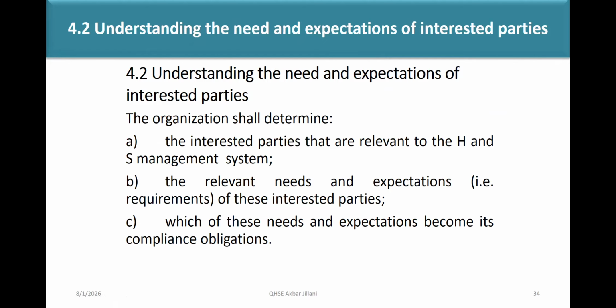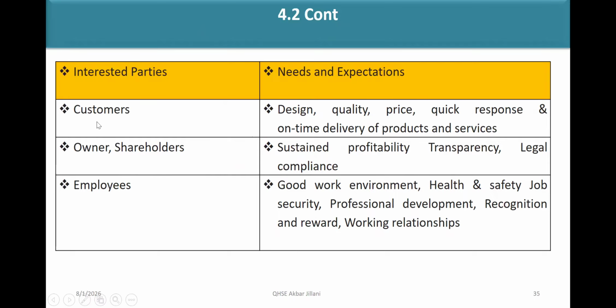We have interested parties, so their needs and expectations. The organization shall determine the interested parties that are relevant to the health and safety management system, and their relevant needs, expectations and requirements. Which of these needs and expectations become its compliance obligations? Now let's see.